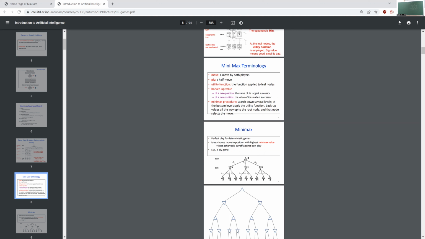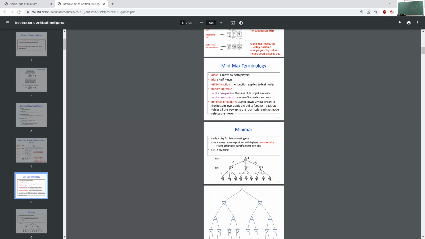If the max player has taken A1, the best move that the opponent can take is to apply A11, because that is the move which is going to lead to the state having the minimum utility value 3 in this example.